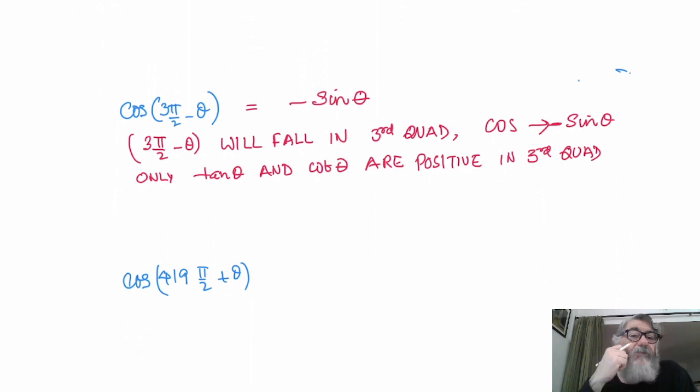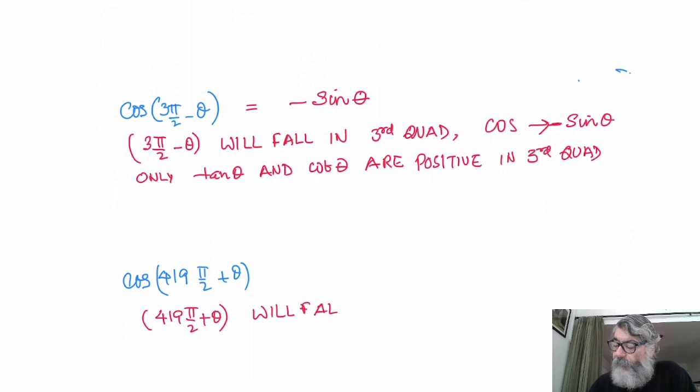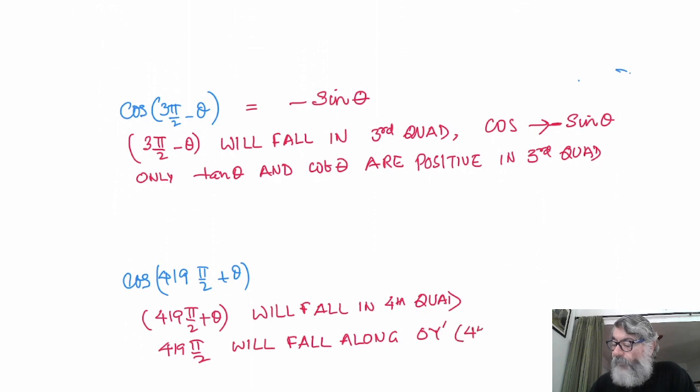So 419 pi by 2 plus theta will fall in the fourth quadrant. 419 pi by 2 will fall along OY dash, the fourth line.